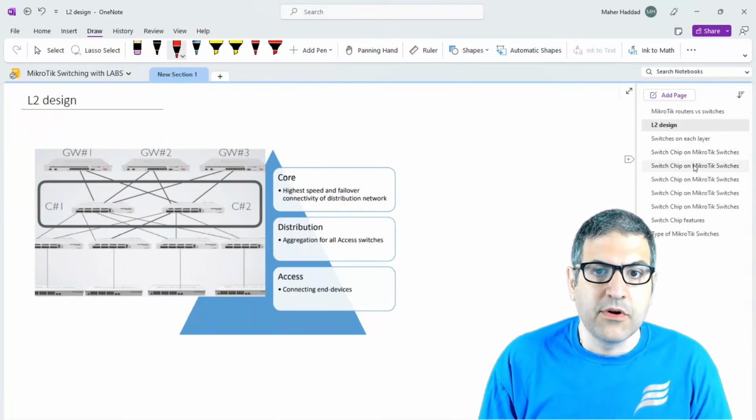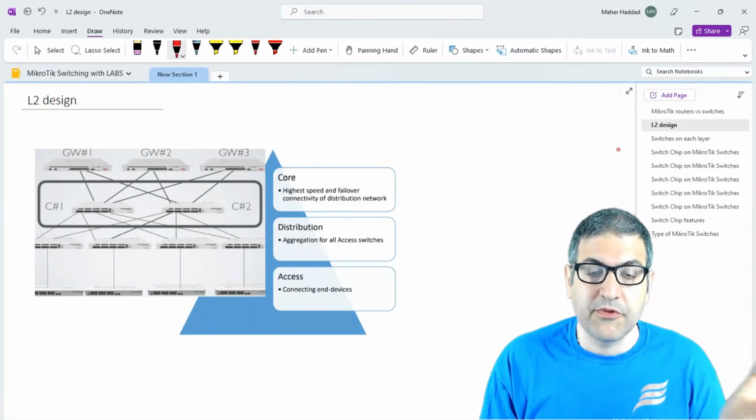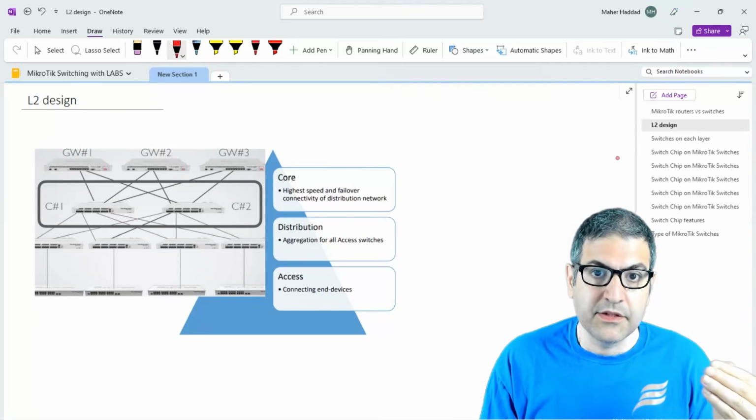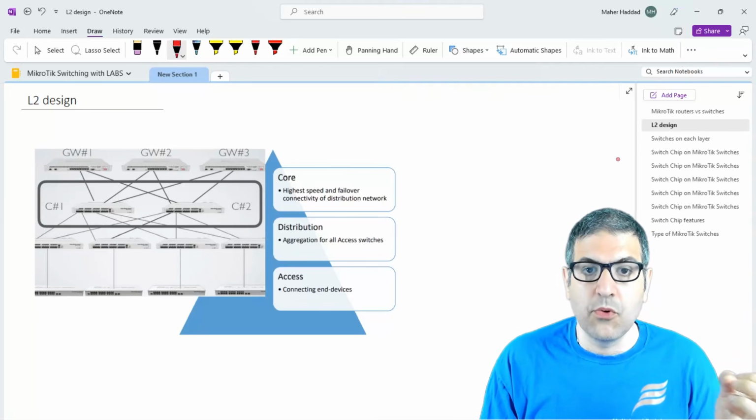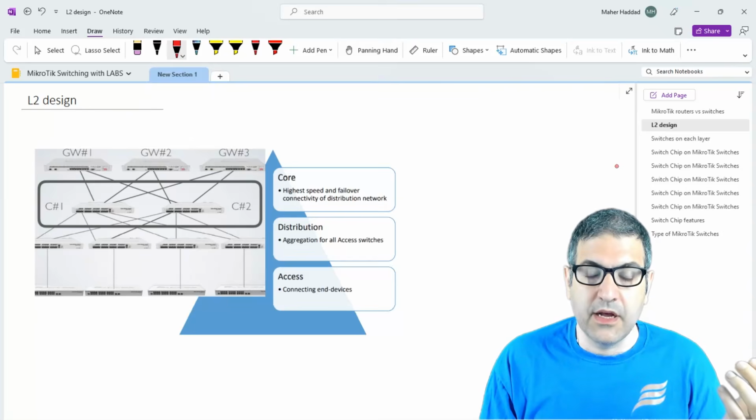Now, if we go back to the switching, we know that MikroTik provides different types of switches. So if you want to buy the right switch, you have to know where you want to put it in your network. Big companies normally are divided into 3 layers, which we call access layer, distribution, and core.